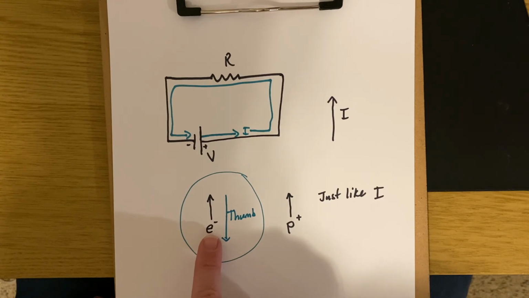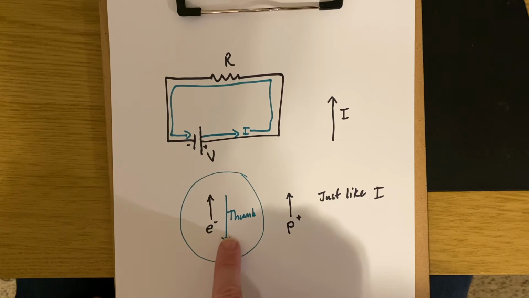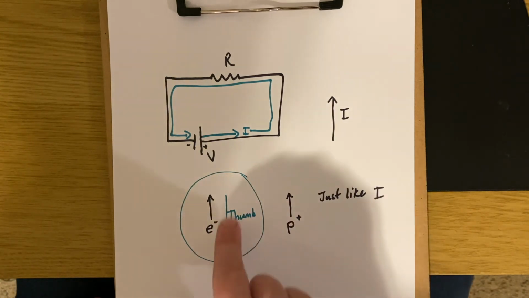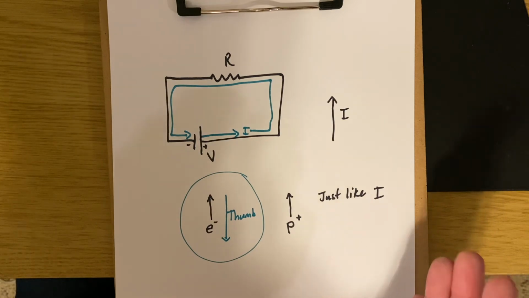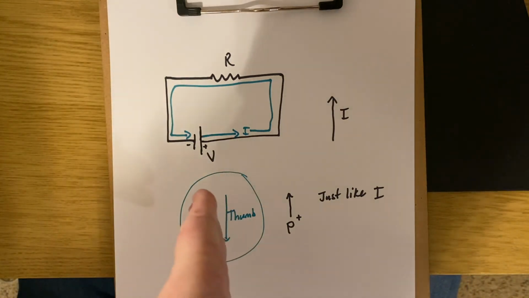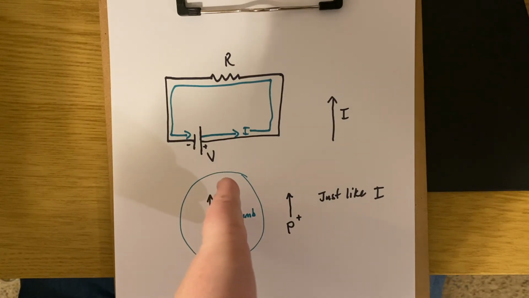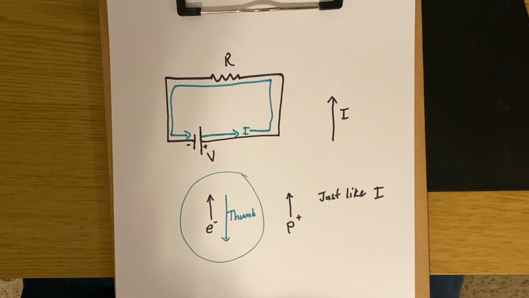Because the electron is moving that way, it would be assumed that the actual current that we'd be measuring and talking about would be facing down. So if you're using the right-hand rule in a situation where you have an electron going up, you need to flip your thumb going down, opposite the direction of that electron and in the direction that the current would be considered. I know it's goofy.